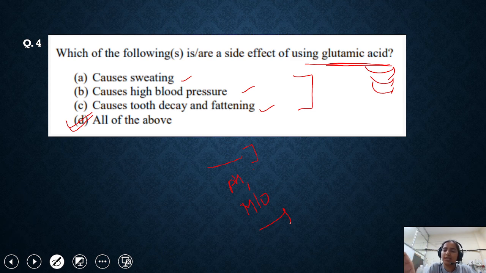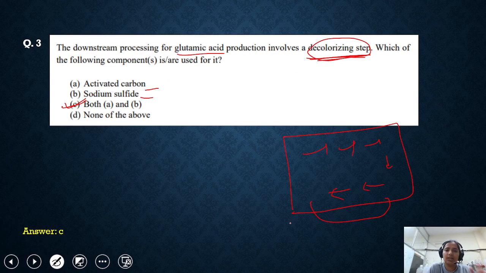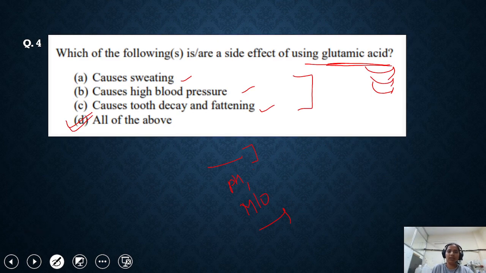Suppose glutamic acid, decolorizing agent. This activated carbon is also used previously in wine production and beer. But this sodium sulfide that we used, can this be used for wine and alcohol production? You must know this difference, and a few common steps that are applicable to all. So for this question, the answer is D.